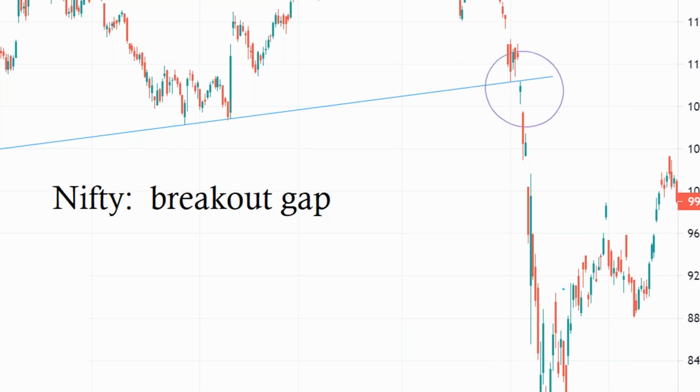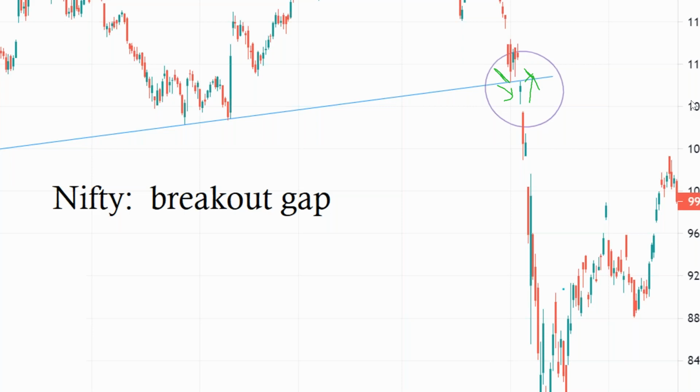Over here, we can clearly see that this trend line is not only being broken out as a gap down, there is a throwback exactly on this trend line. In case of bearish markets, volatility can be very high. Instead of short selling, you could use this opportunity by buying puts. So this is an implication of the same.